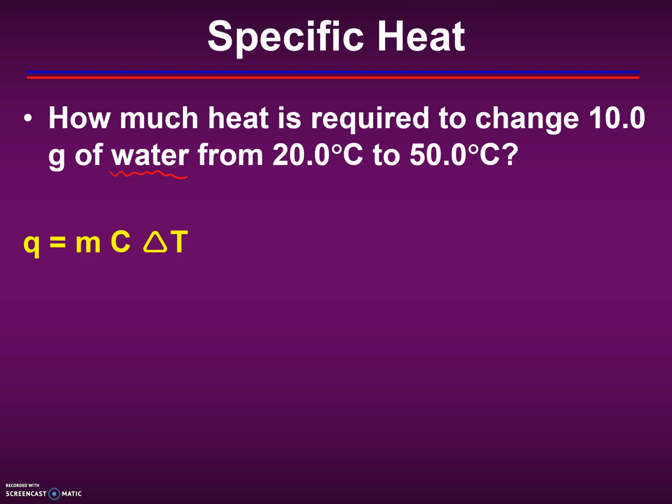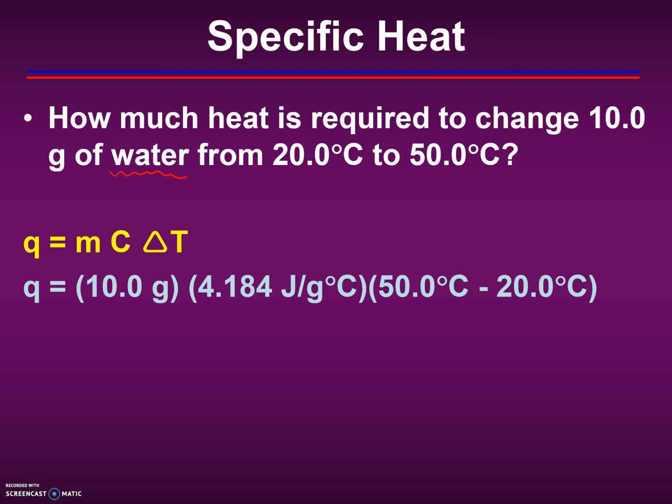So my equation is mcΔT, so m, c, change in T. And one of the ways to remember it, you do need to learn the equation, is it sort of looks like MCAT. I know that's not an A, but sometimes it looks like CAT a little bit. And so we just go ahead and substitute the things in. So my mass is 10 grams. My constant, because it is water, is the 4.184.